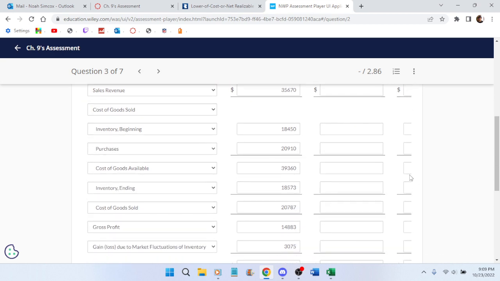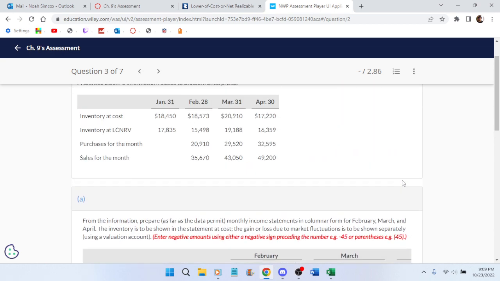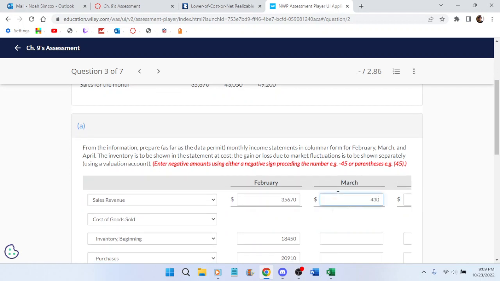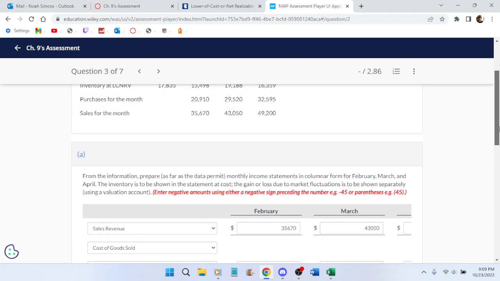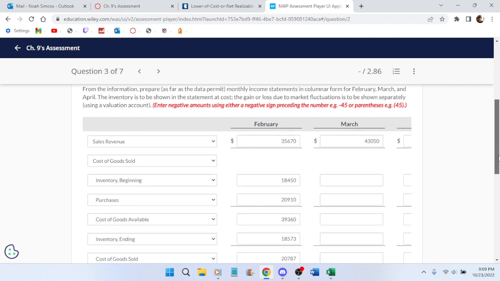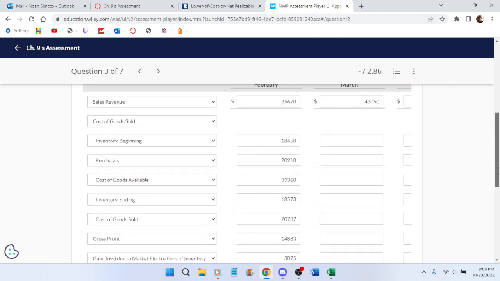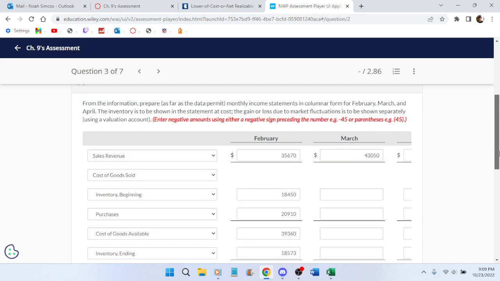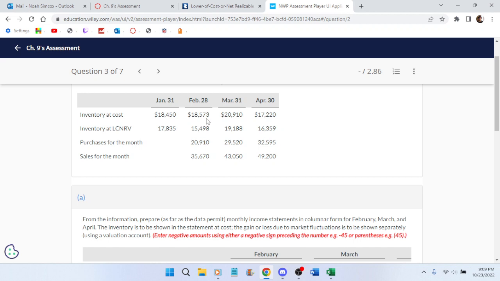So this is going to be great. 43,050. So cost of goods sold. Inventory beginning is the end of March inventory. You know what's hilarious? I bet they're going to say that your beginning inventory actually has to be this. But I don't think so. Beginning inventory is 18,573.